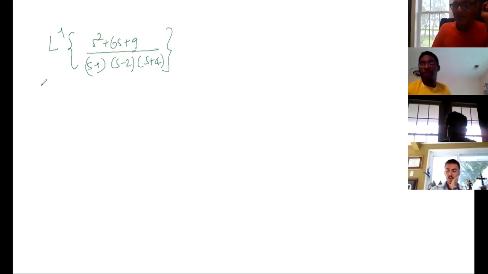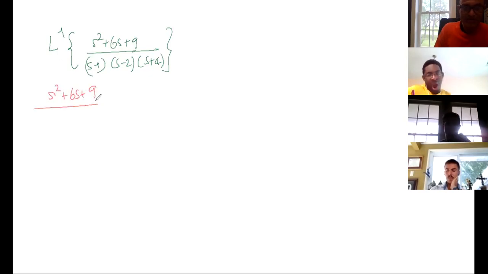Good. Look at here, guys. I'm looking for inverse Laplace transform, but first of all, I'm just using my knowledge of Calc 2. So let me write like this: s squared plus 6s plus 9 divided by (s minus 1), (s minus 2), (s plus 4).